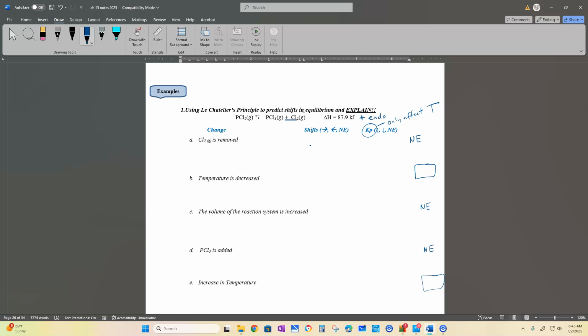Okay. All right, Cl2 is removed. So Cl2 is right there, and he's removed. So I use my little teeter-totters, okay? So because Cl2 is a product, okay, I'm going to have to shift to form more products, okay? So how do we write this, okay?